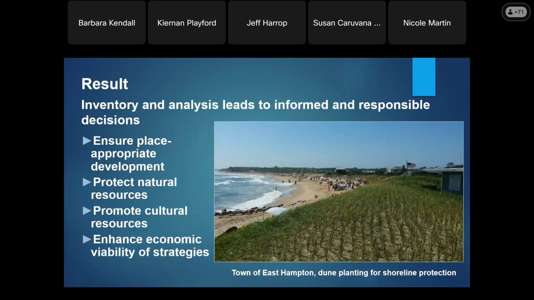Protect your cultural resources that represent the history and image of your community. Enhance the economic viability of revitalization strategies by providing accurate and current information as the basis for decisions.